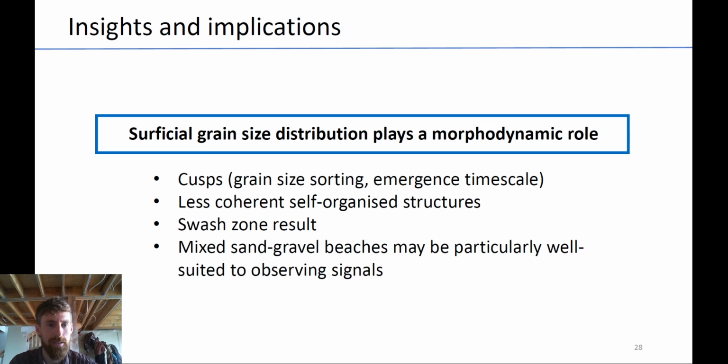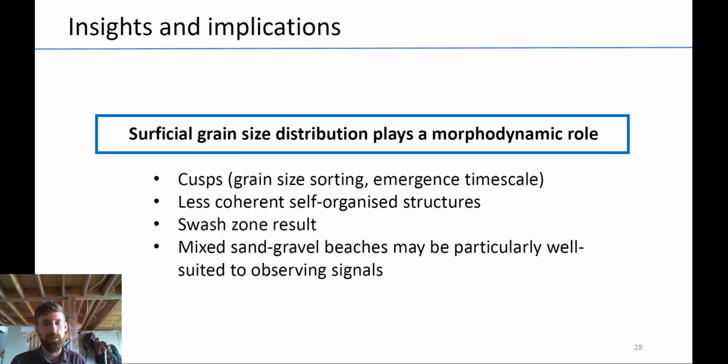Another important insight: the grain size distribution, I think, pretty clearly plays a morphodynamic role. I think we've presented some pretty compelling evidence that it does so. So in the instance of cusps, where we observed consistent grain size sorting, and we had this concept of emergence timescale, which there's also some evidence is sensitive to the grain size distribution, as well as these less coherent self-organized structures, which manifest as this kind of patchiness that I pointed out.